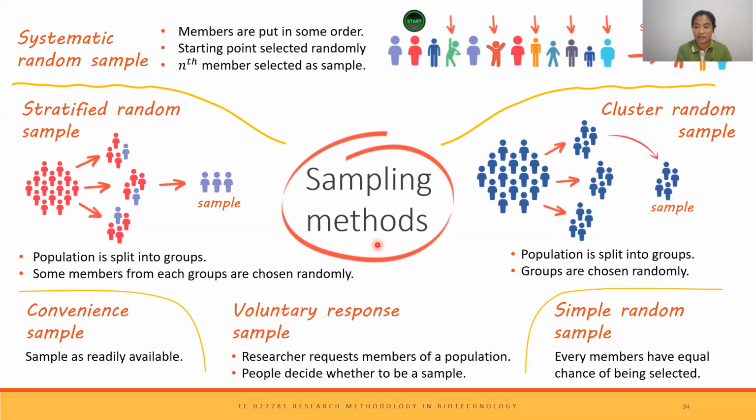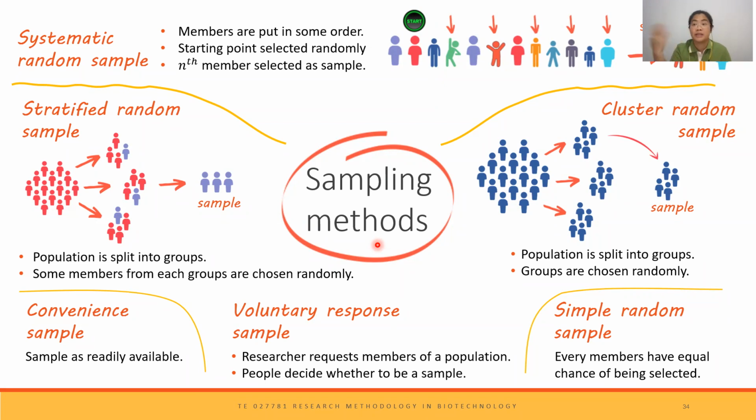the questionnaire. Okay, so there are so many sampling methods, and what I'm introducing to you are different types of sampling methods, and it is for you to judge if it applies to your study or your research.